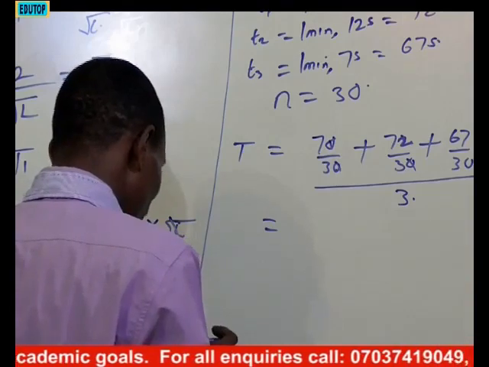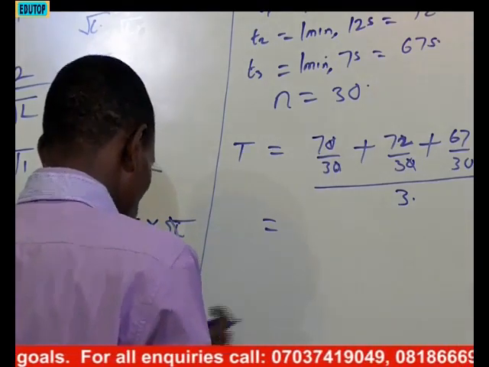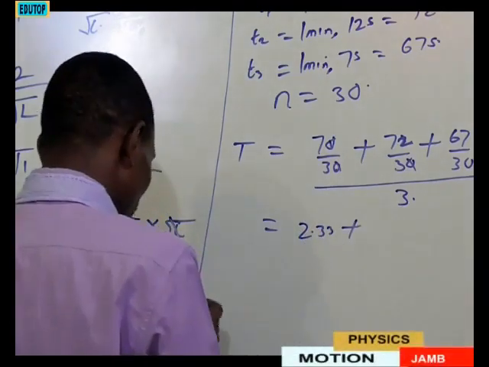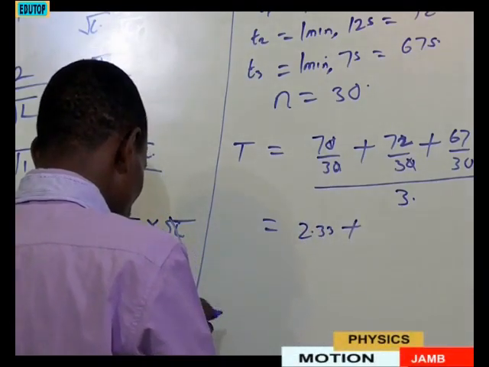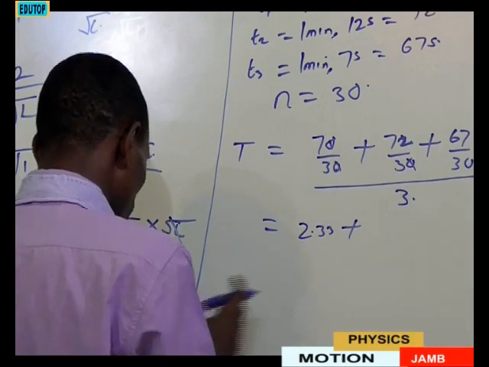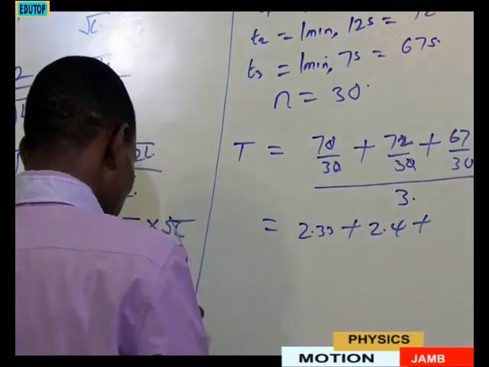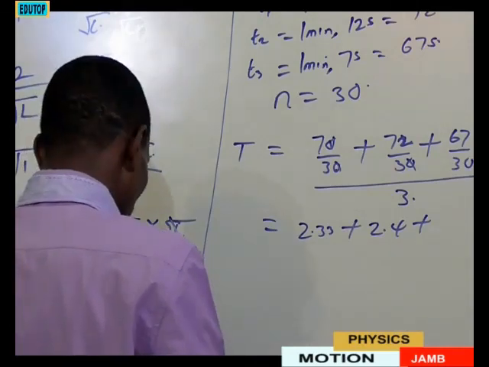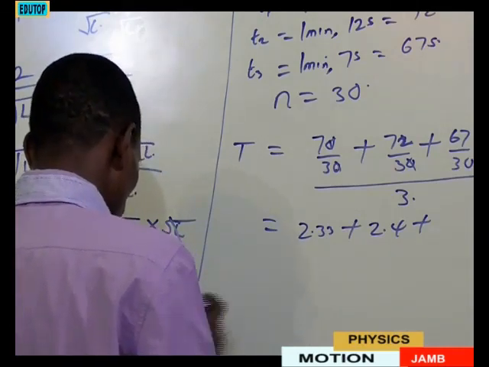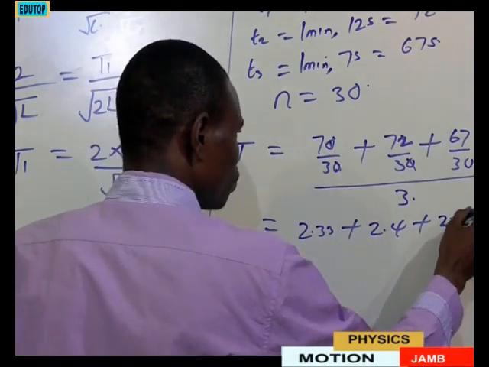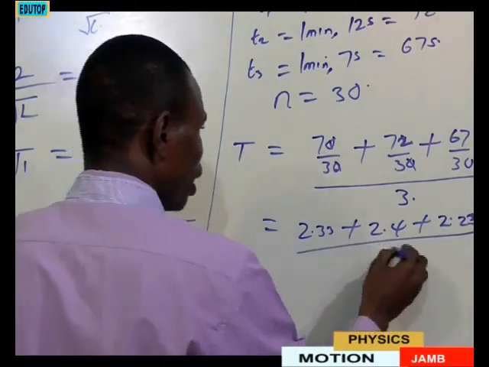We have 70 divided by 30, which is 2.33, plus 72 divided by 30, which is 2.4, plus 67 divided by 30, which is 2.23, all divided by 3.